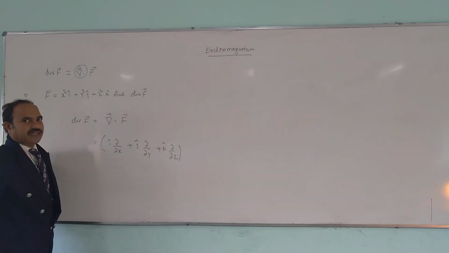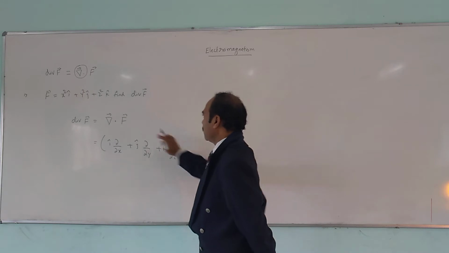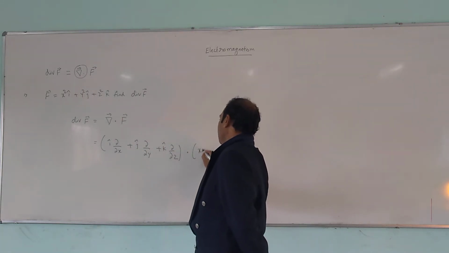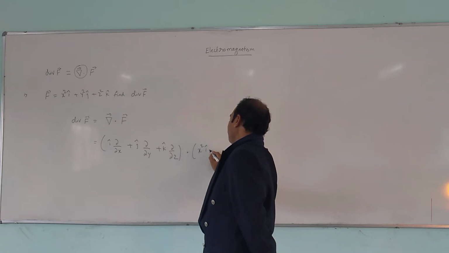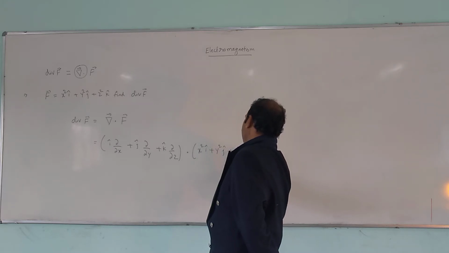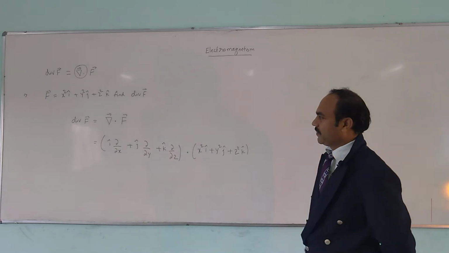This is the expansion of del. This is dotted with f, it's a dot product. So what is f? F is given as x square into i cap plus y square into j cap plus z square into k cap. The function is written as it is.